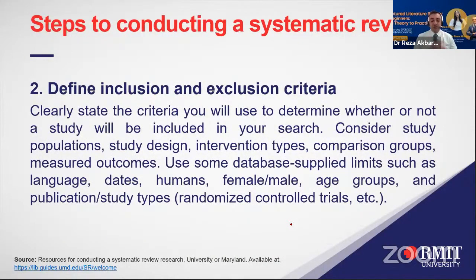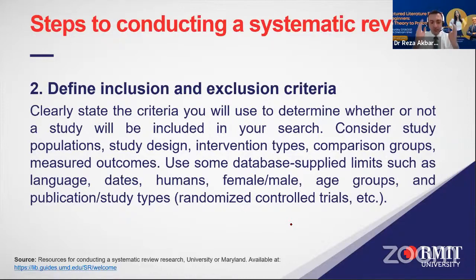The next step. So now we already define our research question. Next step, we need to look into what our inclusion and exclusion criteria are. We need to clearly state those criteria for whether or not to consider a study. Consider a study population, a study design, intervention type, comparison group, measured outcome.